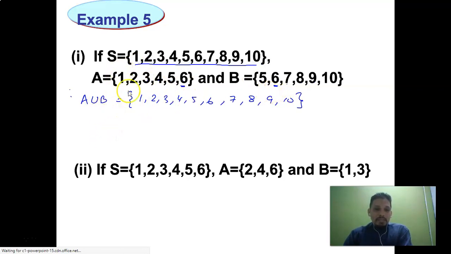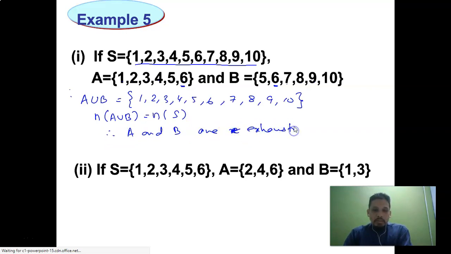So we call this A union B equal to S here. So then A and B are exhaustive events.